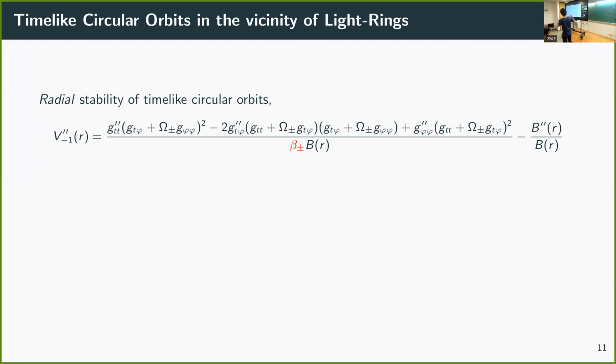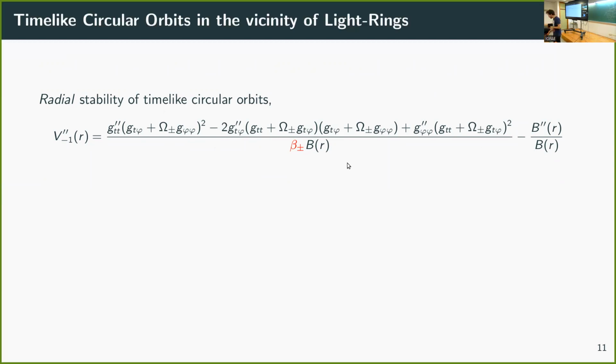It's a bit more convoluted, but I did this because if you go to a region close to the light ring, beta goes to 0. So this first term starts to diverge, either to plus infinity or to minus infinity. And this second term is always finite. So close to the light ring, this term doesn't affect anything, and you can look only at this first term.